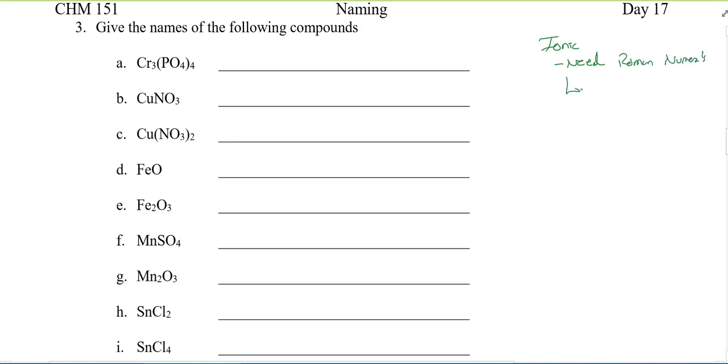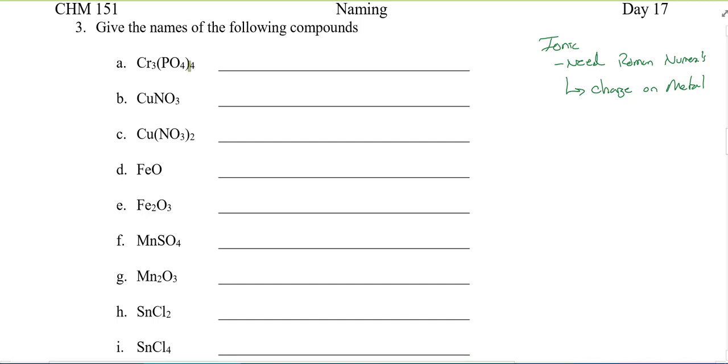And that Roman numeral represents the charge on the metal, not how many there are. That's a very common temptation, to put chromium 3 here. There's 3 chromiums, so chromium 3 phosphate. But that's not what it is, right?